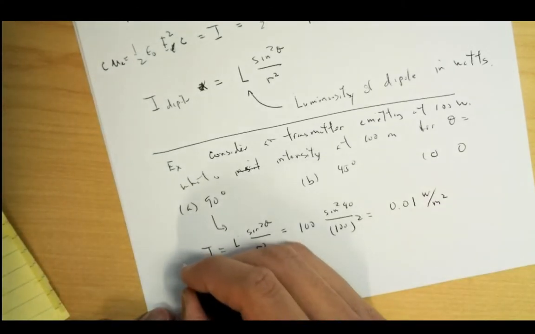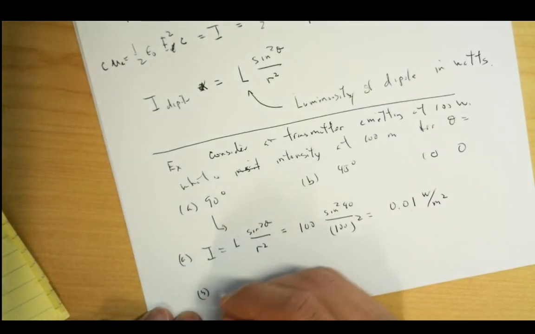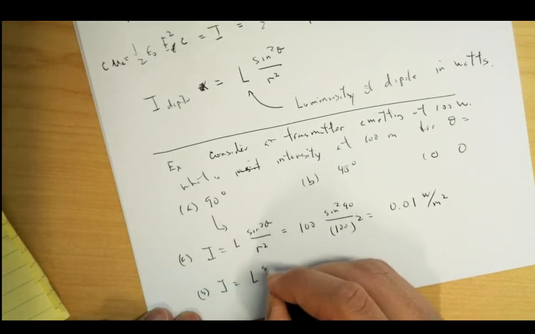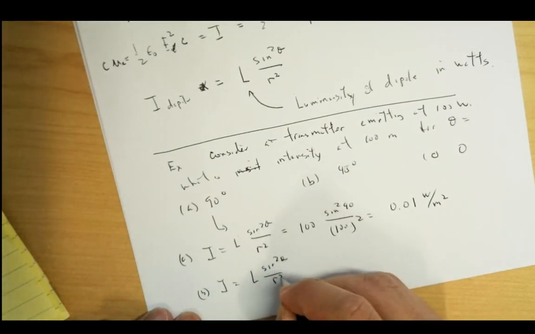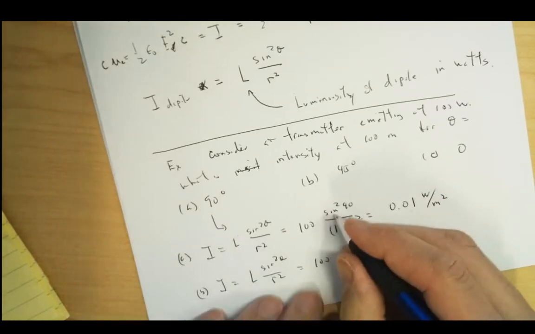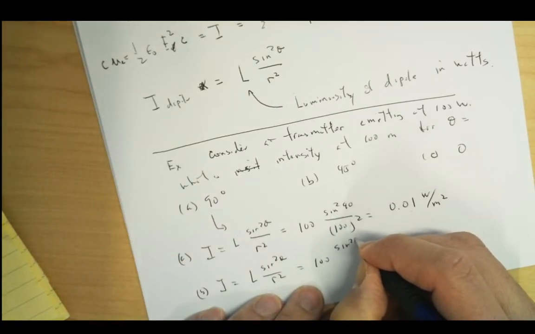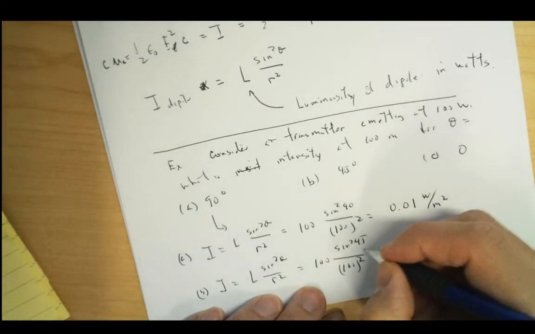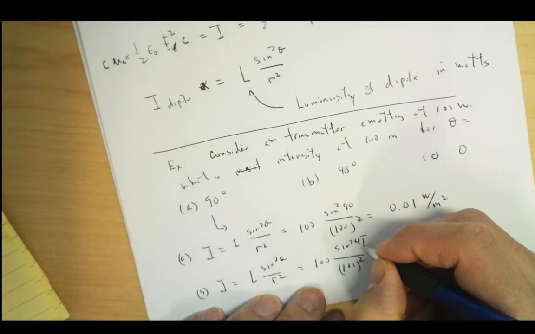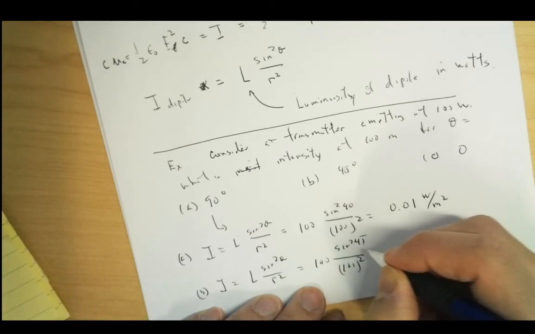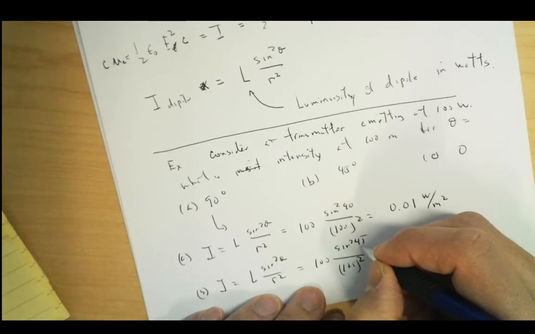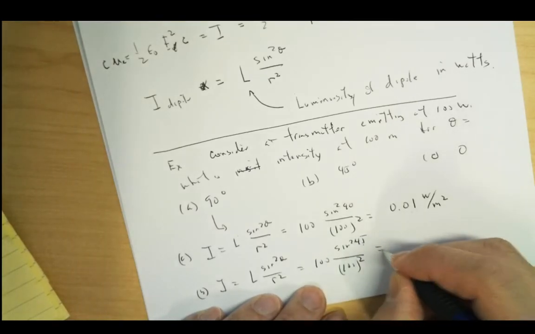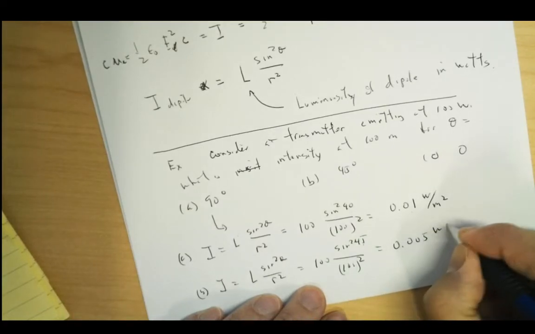That's A. For B, I is equal to L sine squared theta over R squared, so 100 sine squared 45 over 100 squared. Sine of 45 is 1 over square root 2, so sine squared is going to be 1/2. It's going to be equal to 0.005 watts per meter squared.